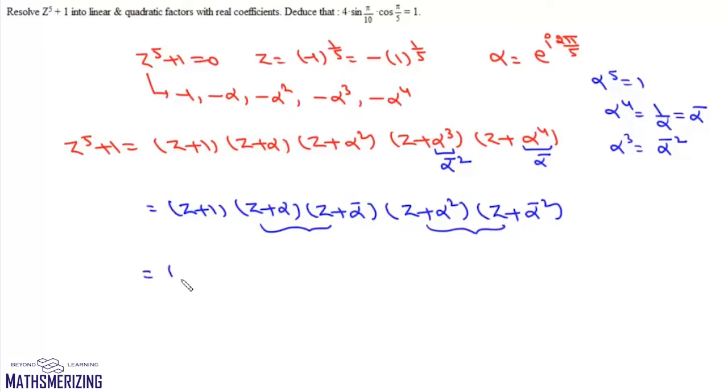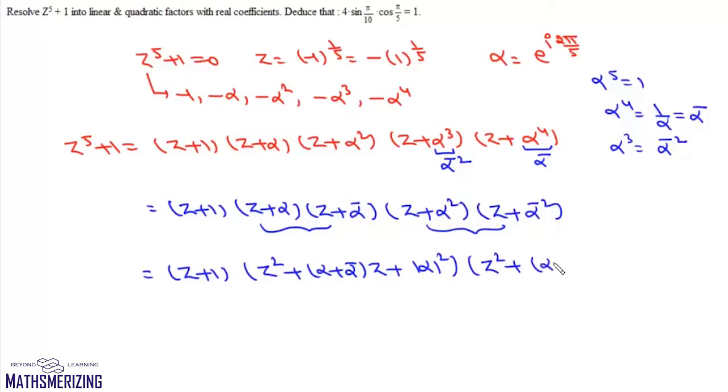So we can write this as z plus 1, z square plus alpha bar z plus mod of alpha square, and then z square plus alpha bar square z plus mod alpha to the power 4.